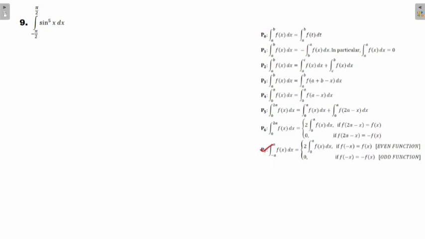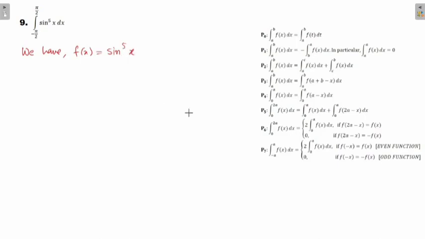So if you see here, I told you a is pi by 2, but f(x) becomes sine to the power 5x. So basically given is f(x) equals sine to the power 5x, right?